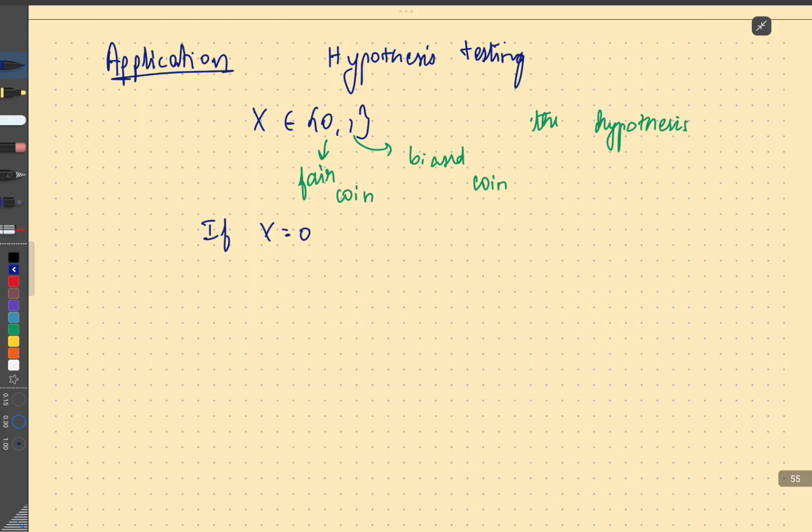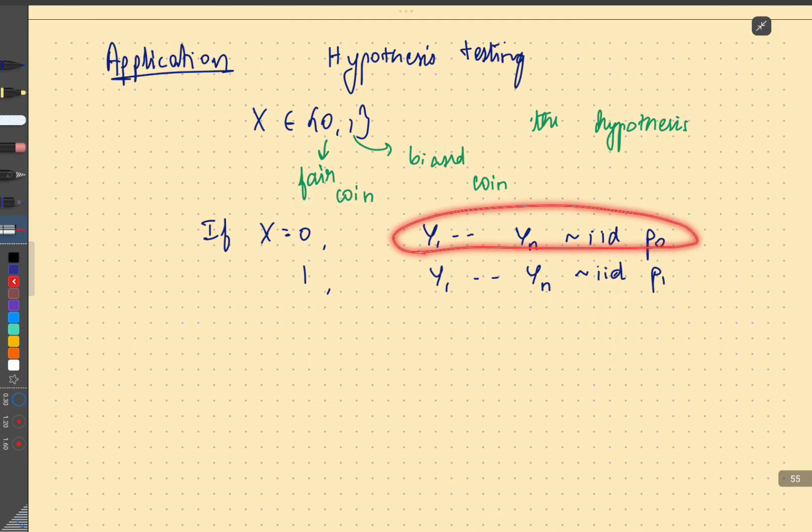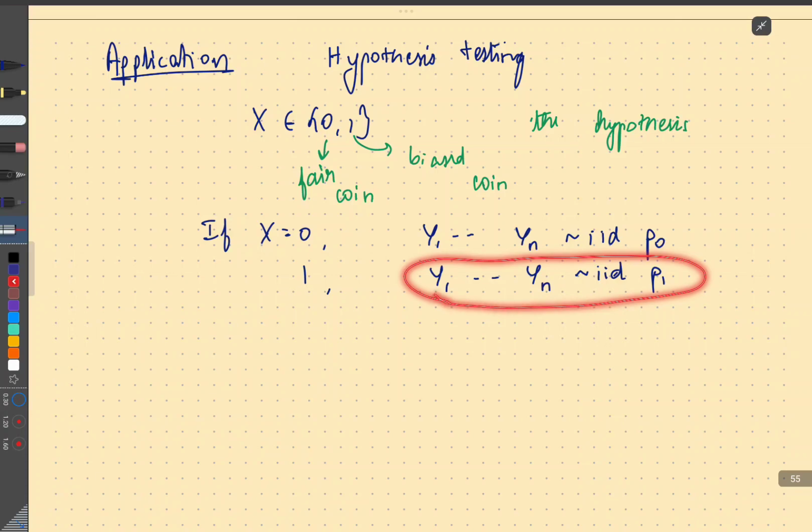So if x is equal to 0, then y1 through yn are IID distributed according to, say, p0. And if x equals 1, then y1 through yn are IID samples distributed according to p1. In the case of fair coin versus biased coin, y1 through yn are IID Bernoulli half, whereas in this case these are IID Bernoulli p for some p which is different from half.